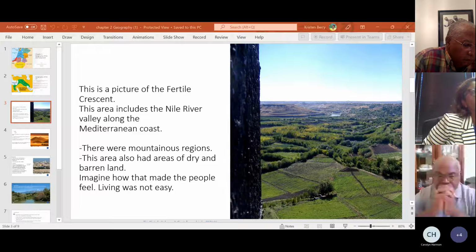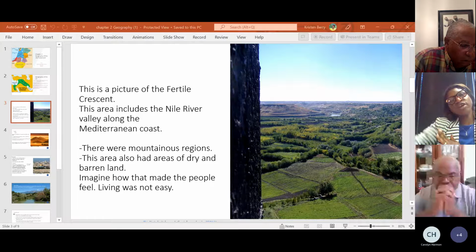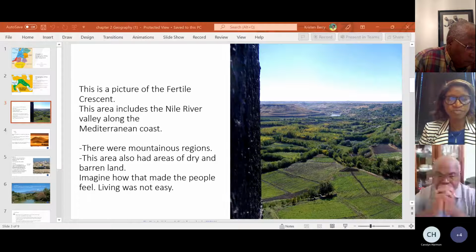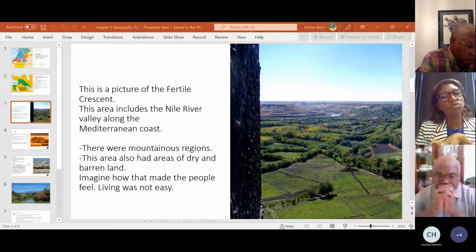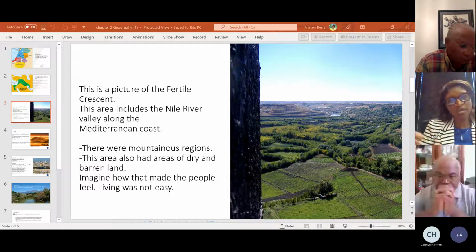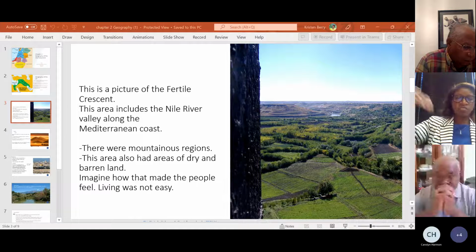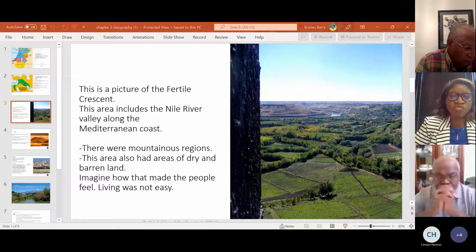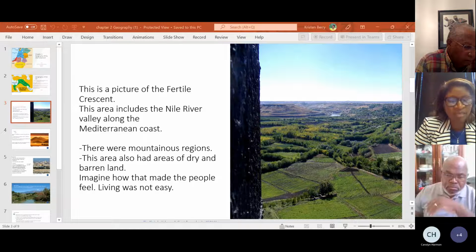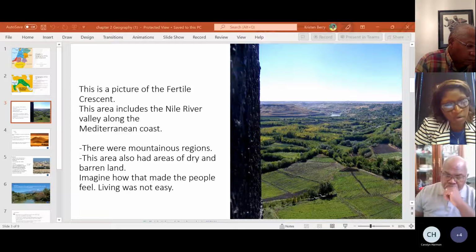So the way they did their trade was through walking along trade routes. Palestine was a prime location because it was in the middle of Africa and Asia. It was in the middle. You're going to see trade routes come up in the Old Testament and New Testament, and they're very important.